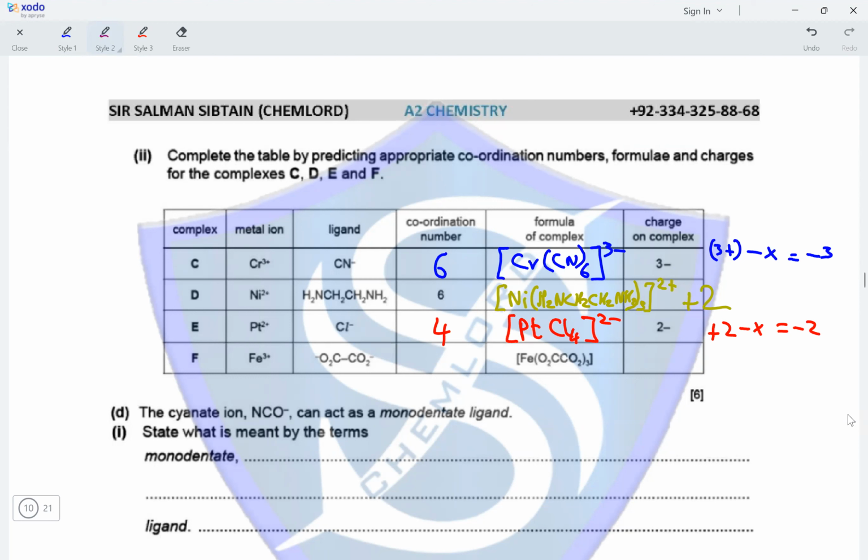So in total, the charge on the complex would be plus 3 minus 3 times 2, that is minus 6. Plus 3 and minus 6 gives us a charge of minus 3. So the charge on the complex is minus 3. And since there are 3 bidentate ligands bonded to the Fe3+ ion, the coordination number of this complex is 6.